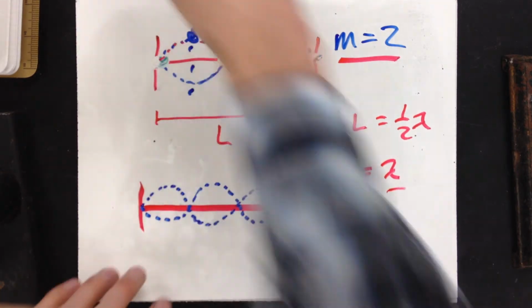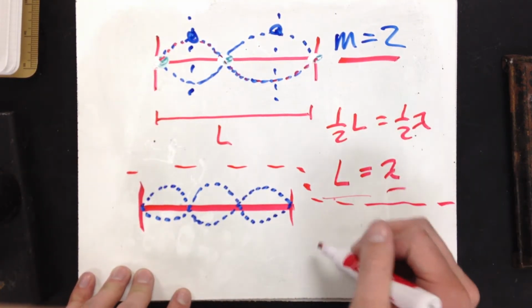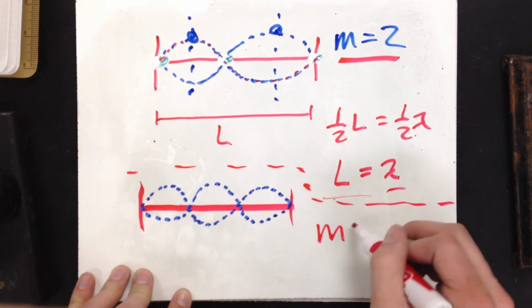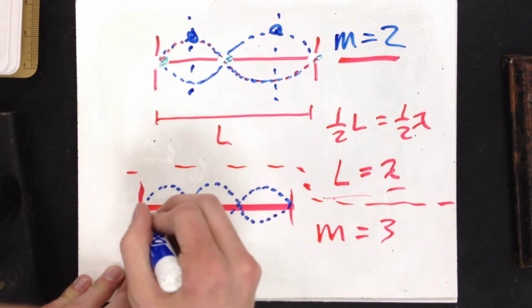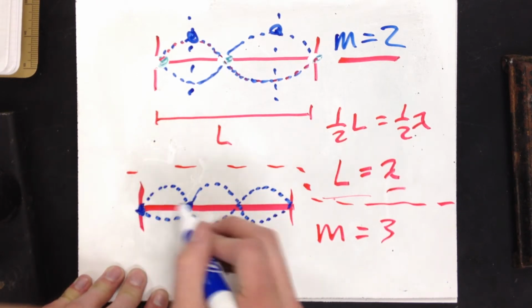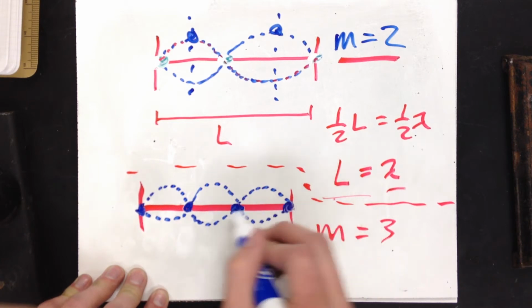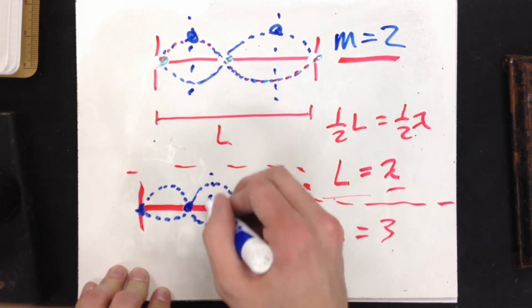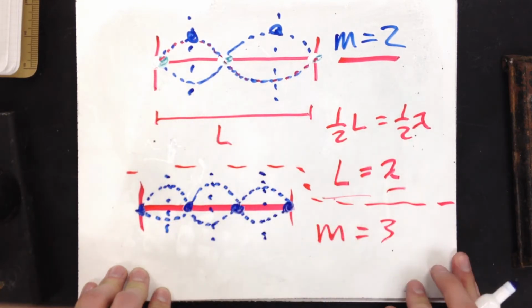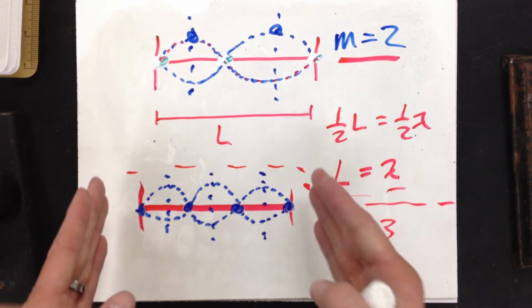Here, this is the third harmonic, or m equals 3, because I've got 1 1/2 wavelength, 2 1/2 wavelengths, 3 1/2 wavelengths, or 3 antinodes. Now, let's talk about what the wavelength would be here.